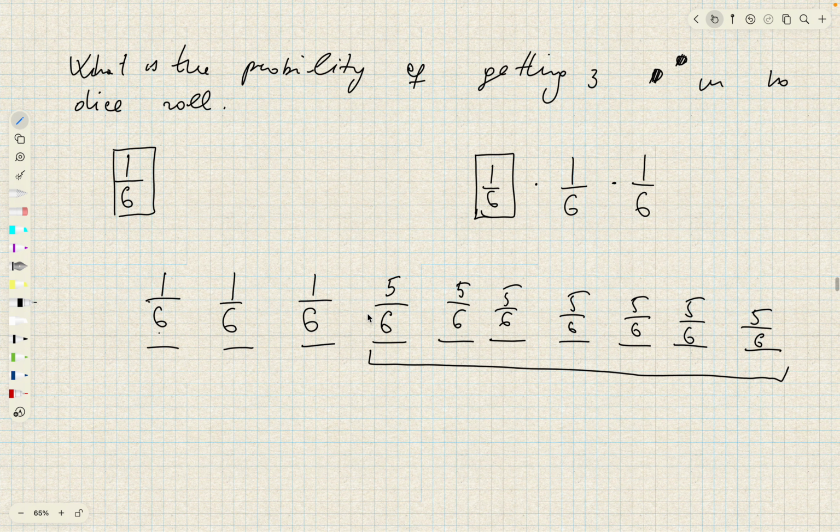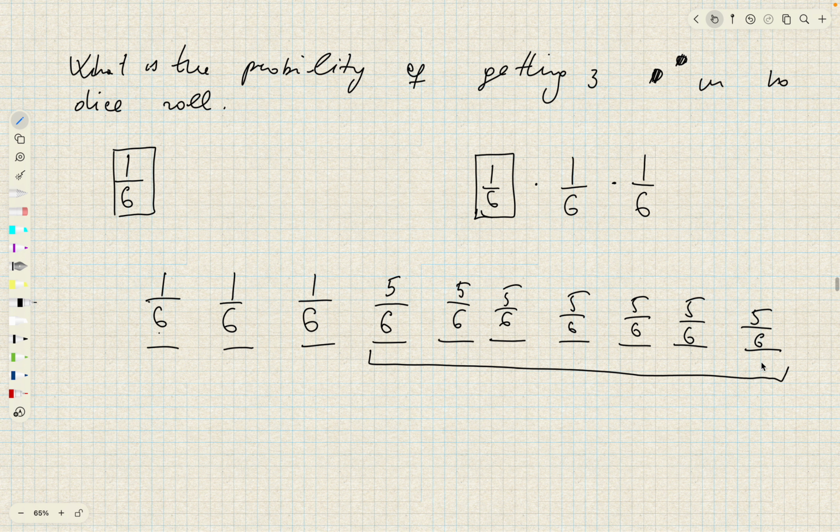So this is the probability of getting two three times in 10 dice roll, and it's just a multiplication of all of these probabilities.